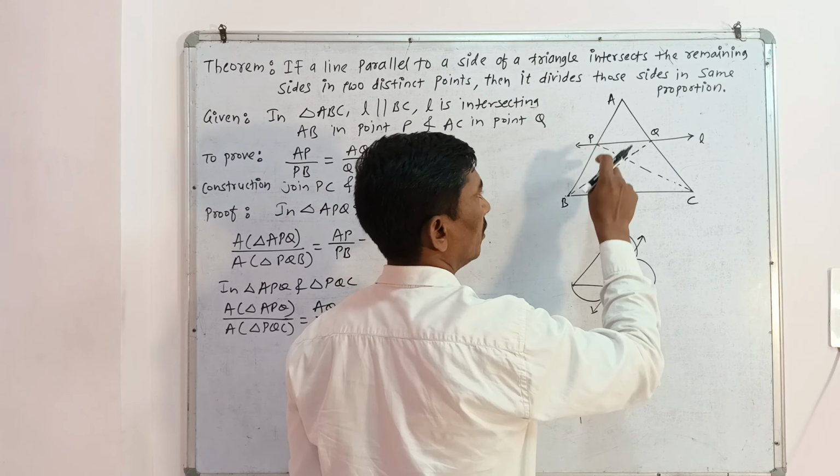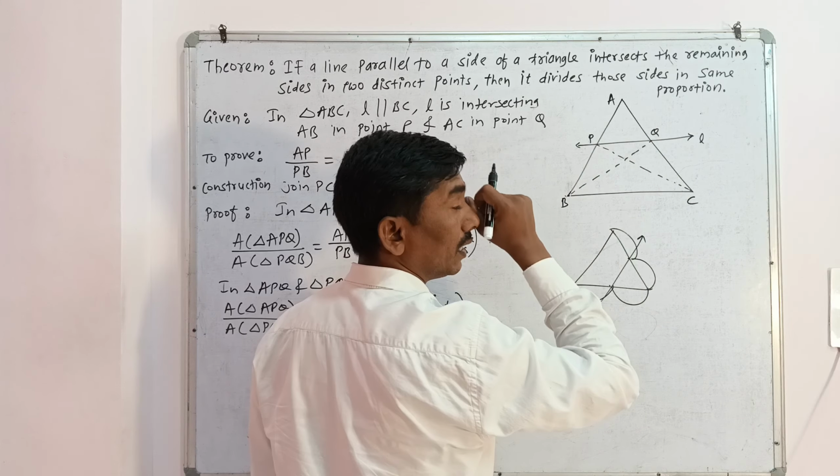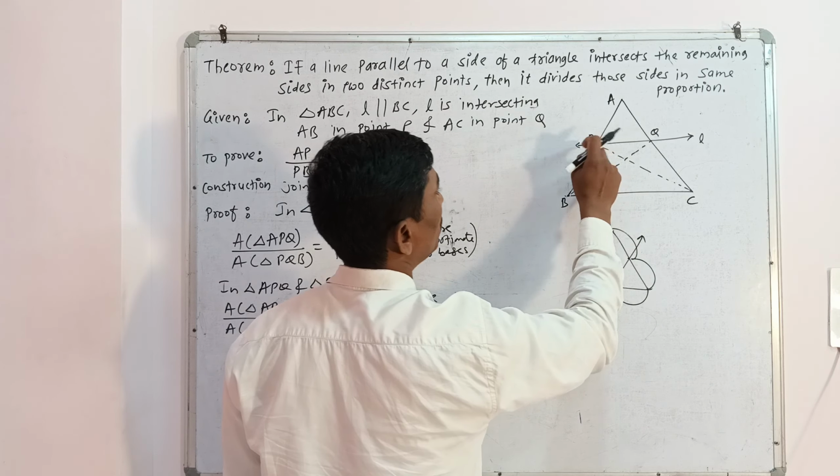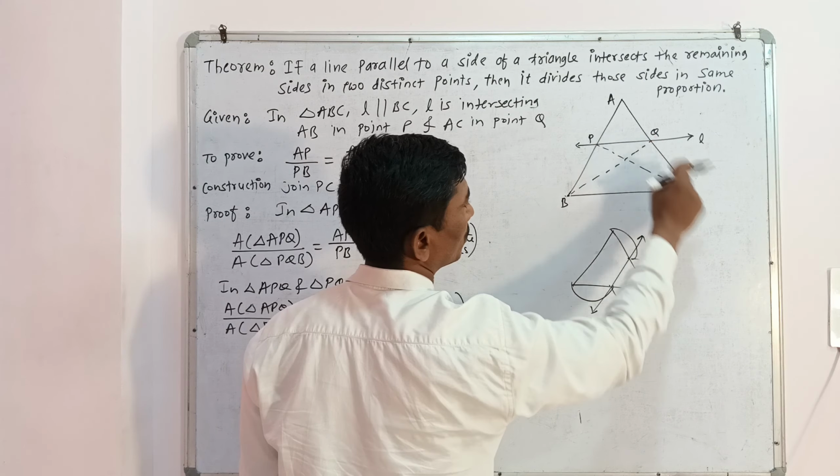Now what we'll do further is take only these two triangles, because we are taking pairs of triangles. Initially, we took APQ and PQB. Then for the second time, we took triangle APQ and PQC. Now we'll take PQB and PQC.